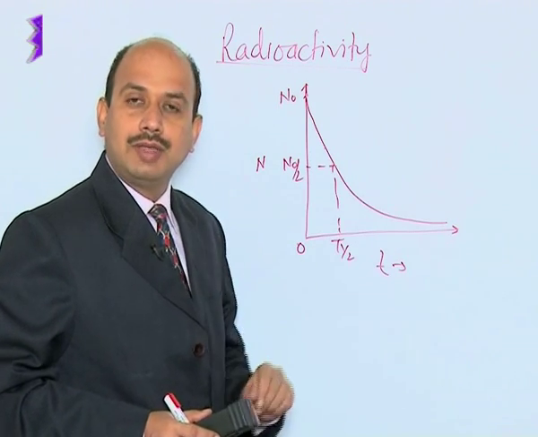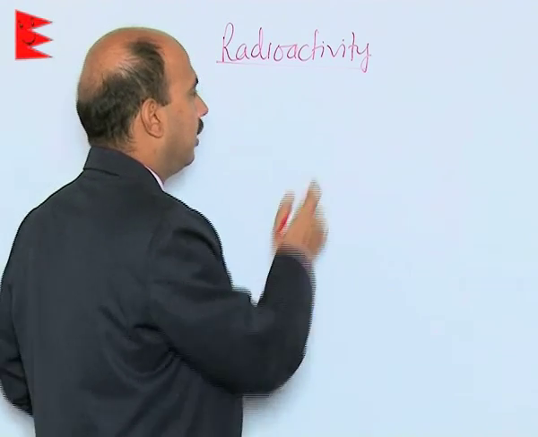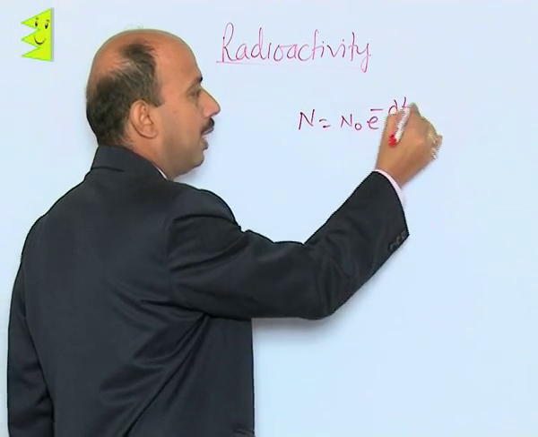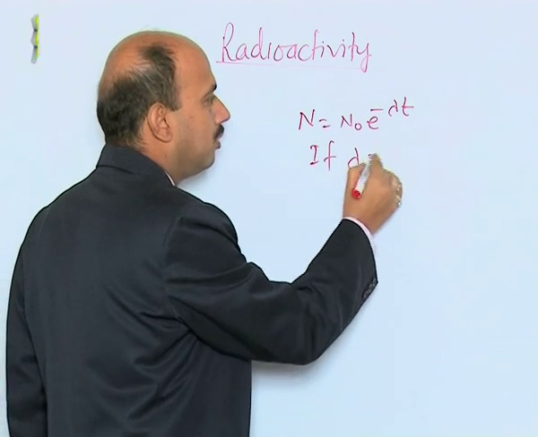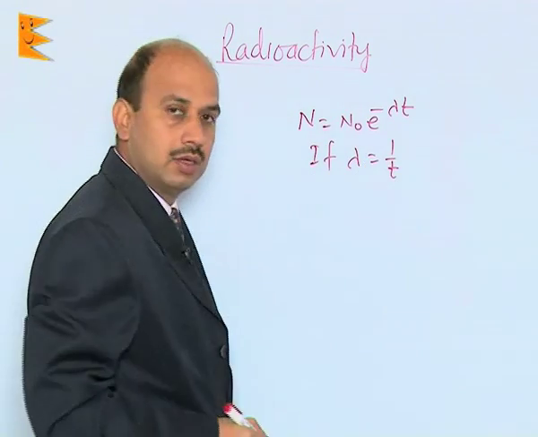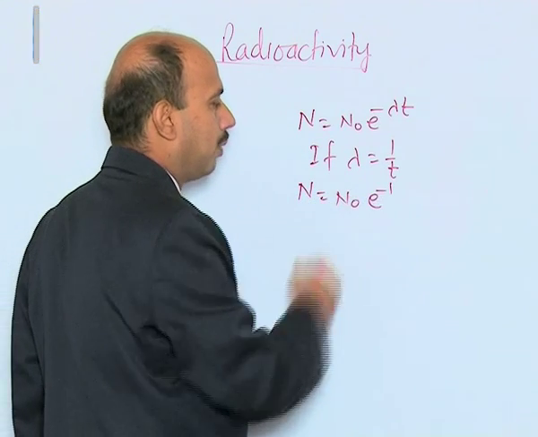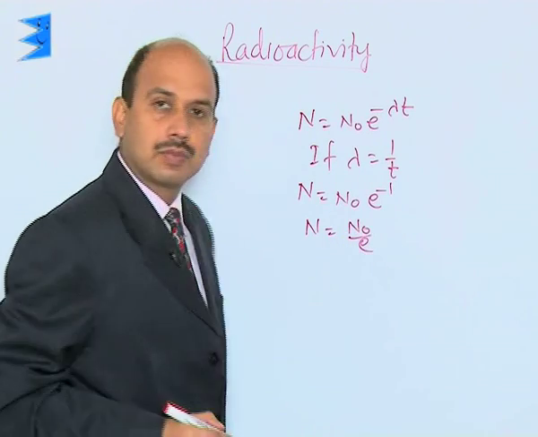But before defining the half life, we will define the radioactive decay constant. See here, in the radioactive decay we have N is equal to N naught e raised to power minus lambda t. If I take lambda equal to 1 upon t, then we will be getting N is equal to N naught e raised to power minus 1, or N is equal to N naught by e.